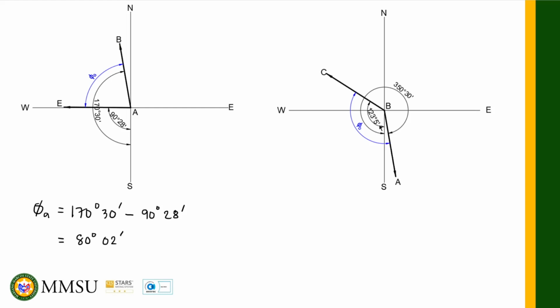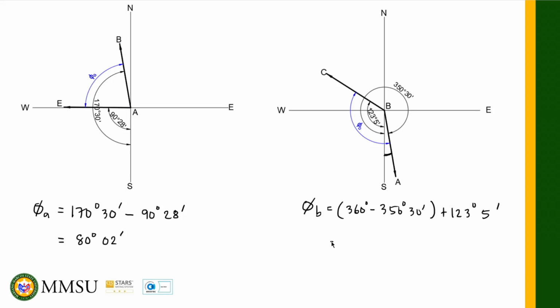So phi sub B is equal to 360 degrees minus 350 degrees 30 minutes, that's the small angle right here, and then we add 123 degrees 5 minutes.